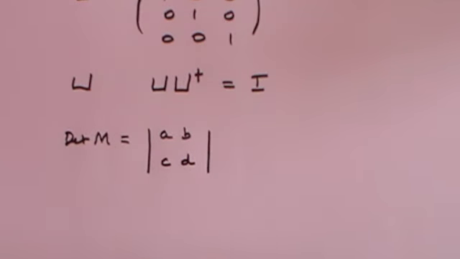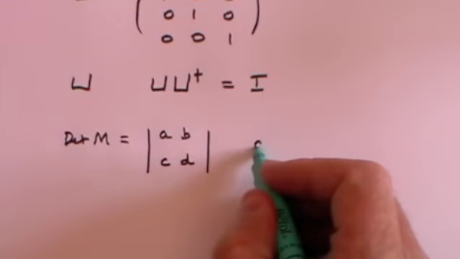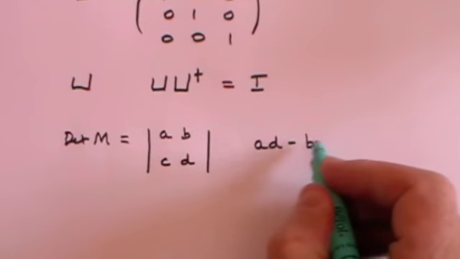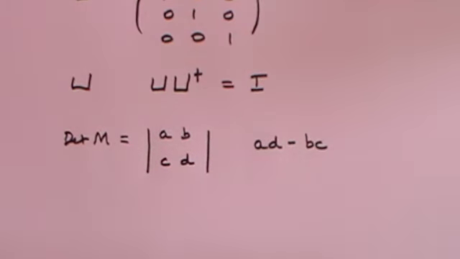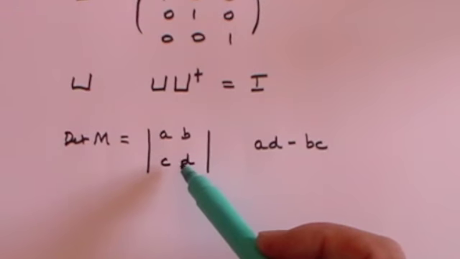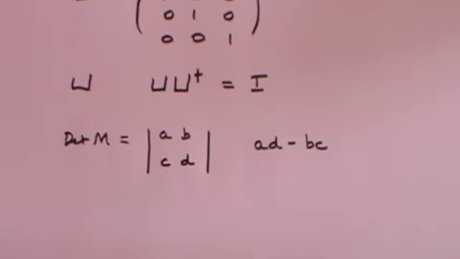The way you calculate the determinant is it's A multiplied by D minus B times C. For 3 dimensions it's a little bit more complicated, but we're not going to need that for the time being. So let's just stick with 2. You multiply the 2 terms on the diagonal and subtract the product of the 2 terms on the off diagonal.